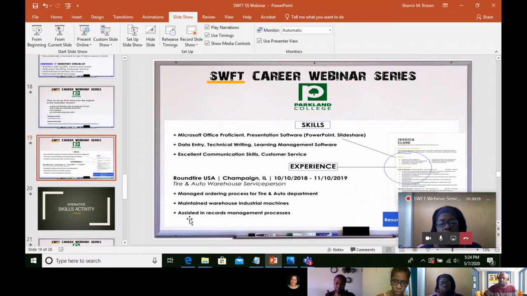So they may be both in the warehouse and partially within the office, making use of computer systems where they engage in records management. All of that would be listed on your resume in your experience section. Skills would be a different section, but I'm just giving you an idea about how that fits together.